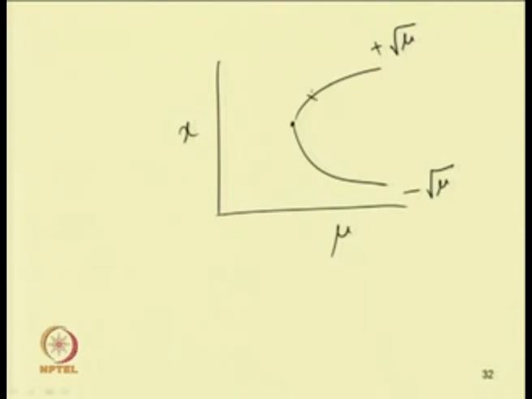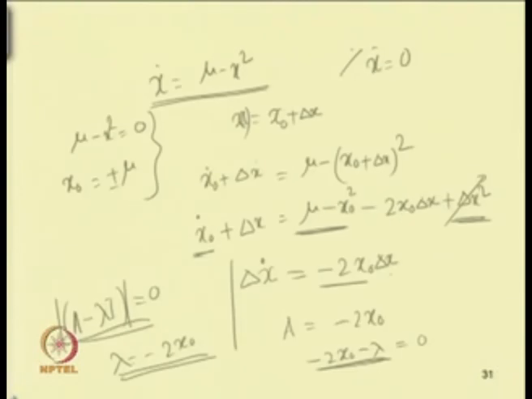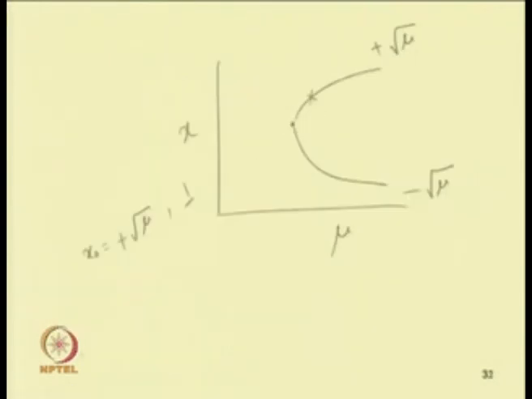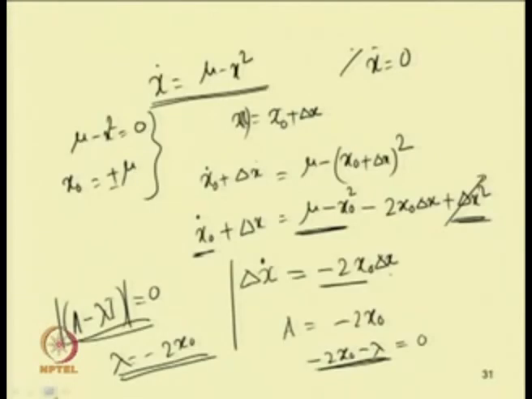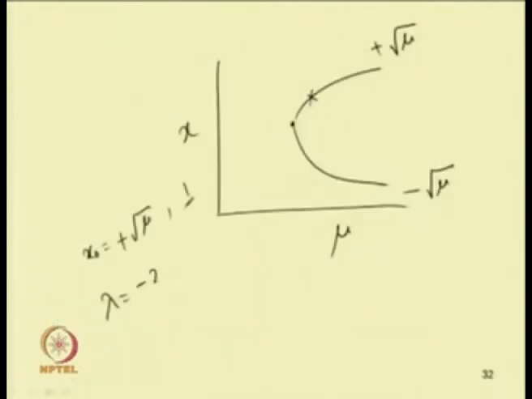In this case, corresponding to x0 equal to plus root mu, let us take mu equal to plus 1. Our eigenvalue lambda, already written, is minus 2 x0. If x0 is 1, that is positive, then lambda becomes minus 2.